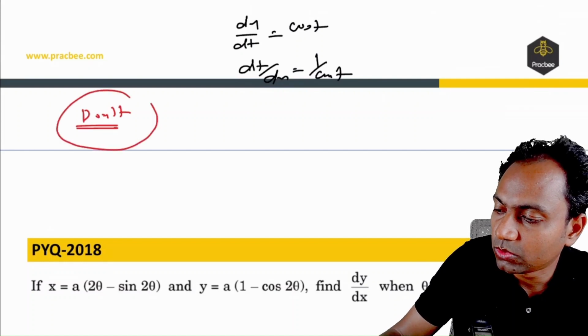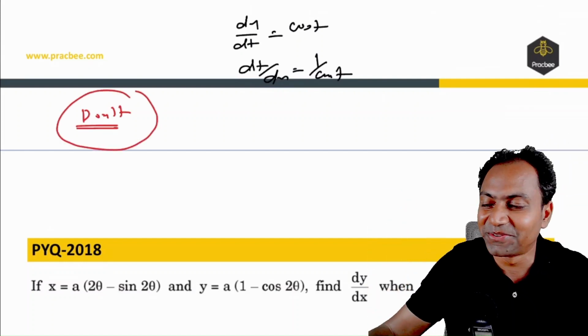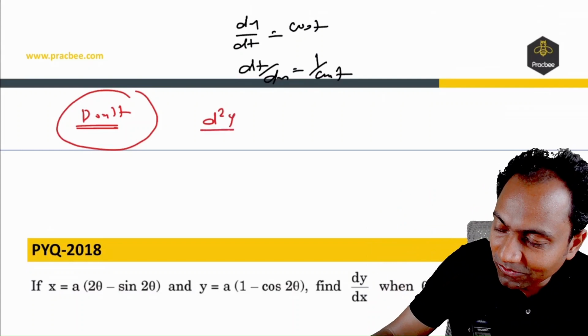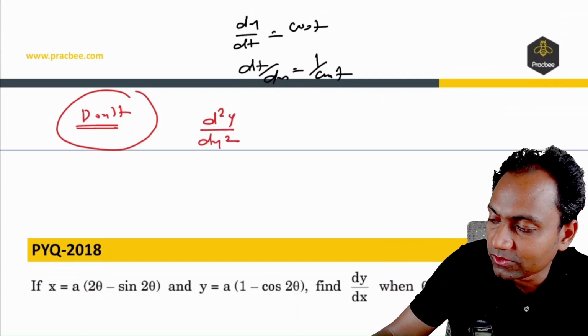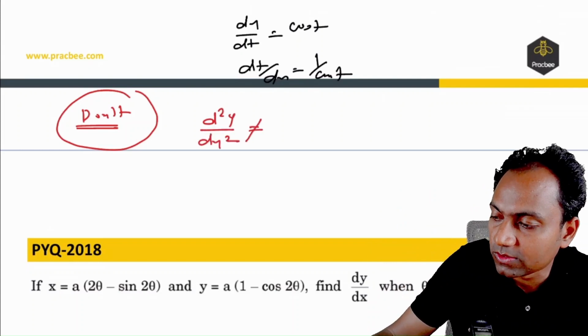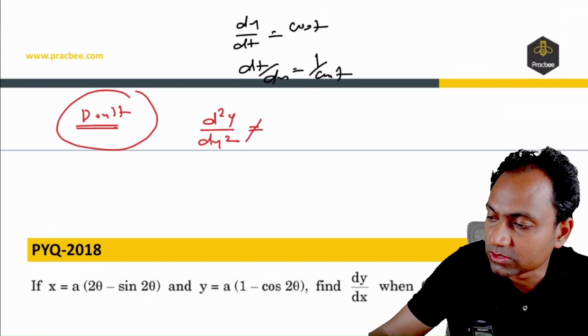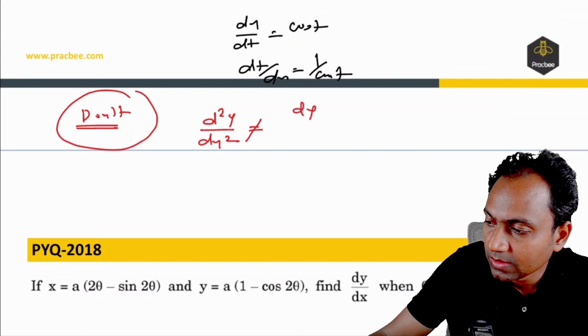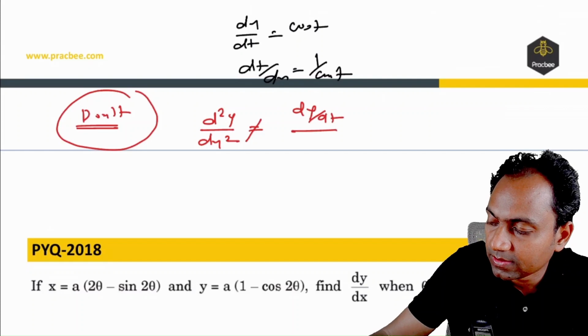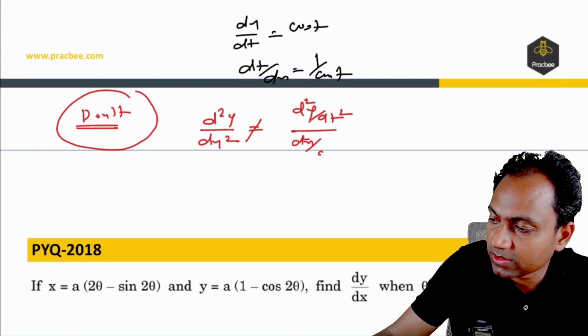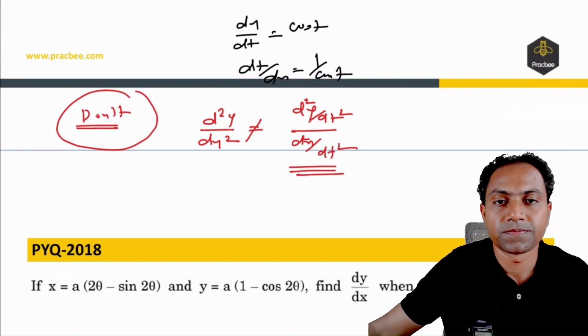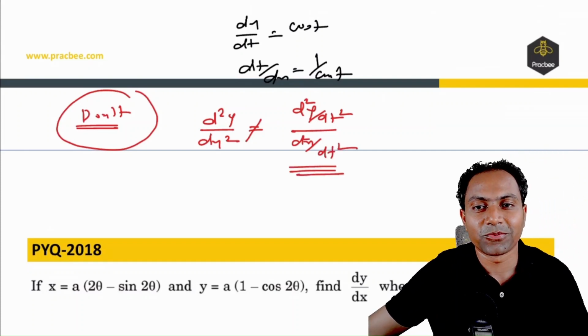If somebody wants us to find the value of d2y by dx2 in this case, it is not equal to d2y by dt square divided by d2x by dt square. It is not equal to this, and this is very important to know.